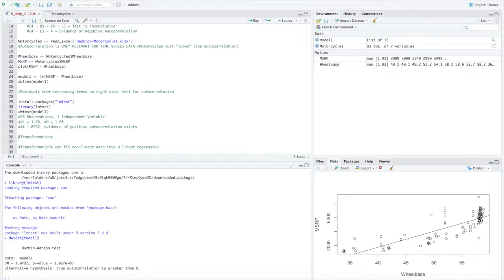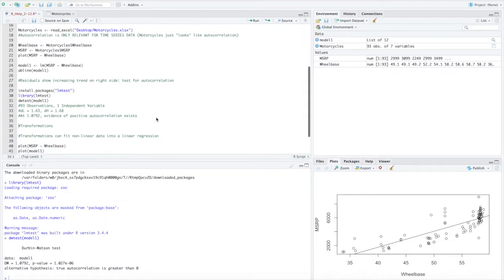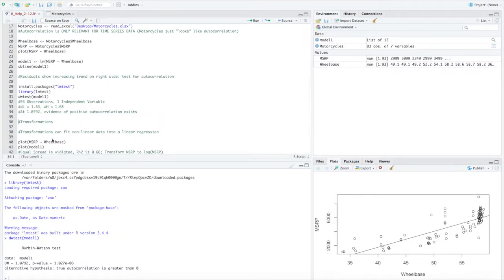So when we look at MSRP versus wheelbase, for example, we can examine a slight exponential trend here, because as we go along the x, the residuals get larger and larger, and as a result it gives the appearance that maybe this isn't such a linear data set overall. So in order to test for that, what we can do is examine a plot of the residuals.